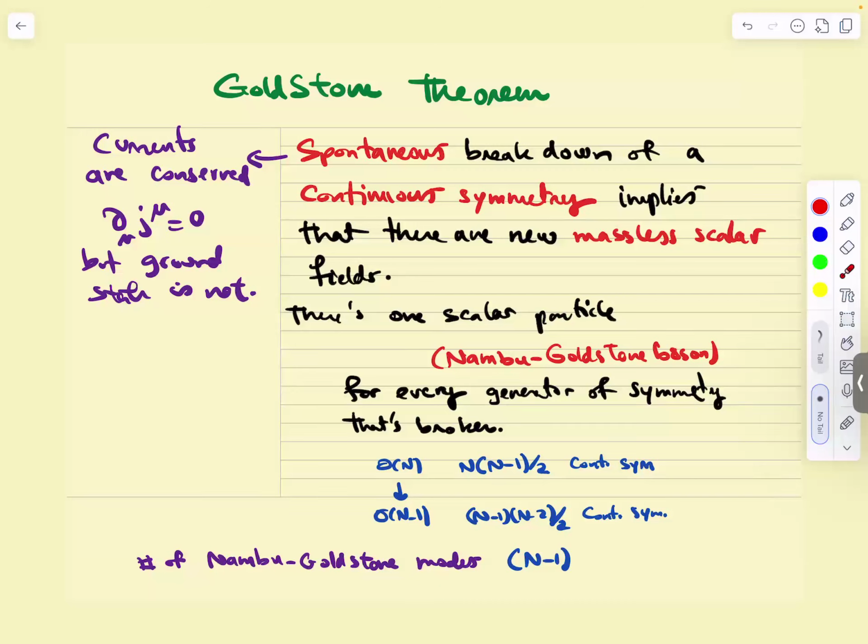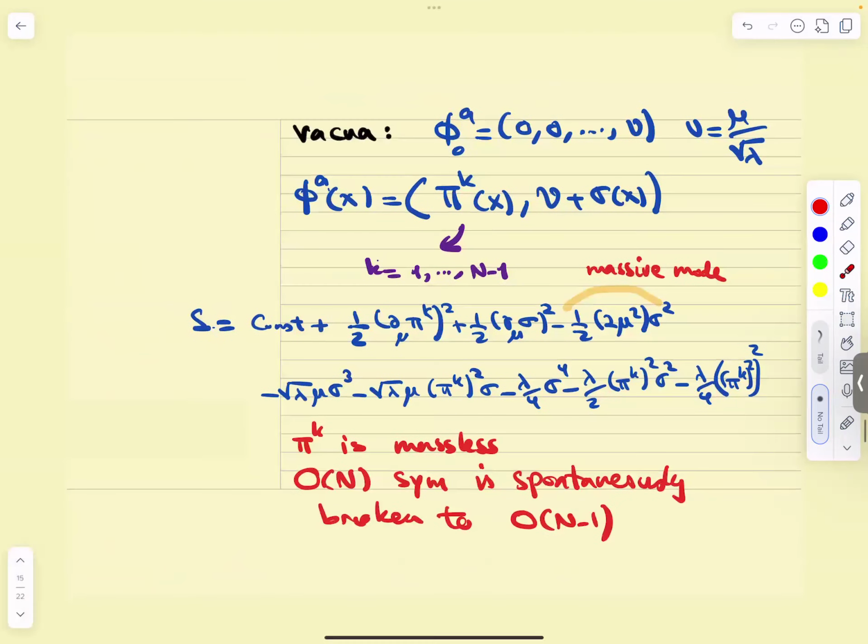So for example, how many generators does ON have? It has n times n minus 1 over 2. You break it to ON minus 1, that has n minus 1 times n minus 2 over 2. If you subtract them, you have n minus 1 modes. These are the Nambu-Goldstone modes. What are these modes? These are the pi k's. How many of them are there? N minus 1.